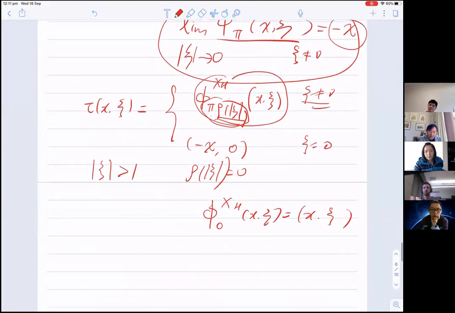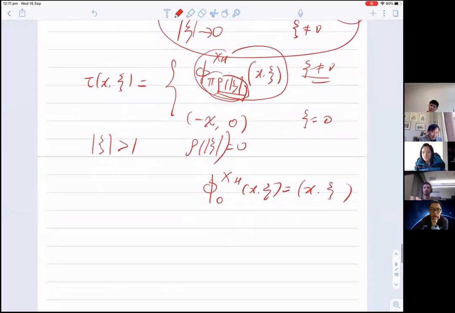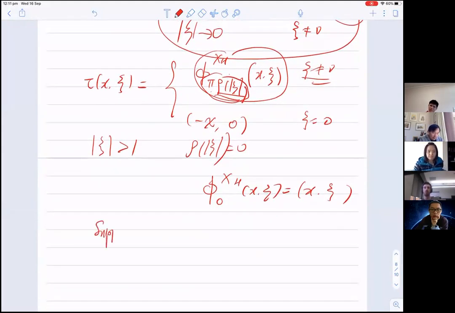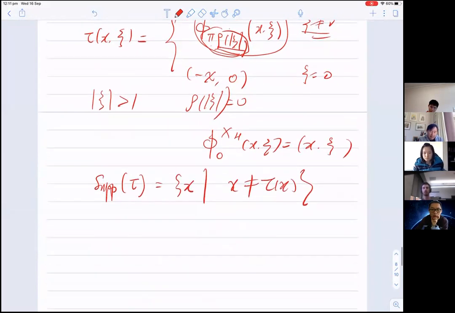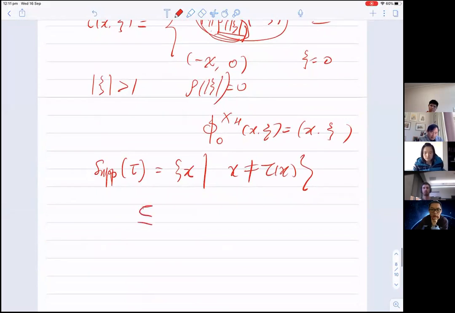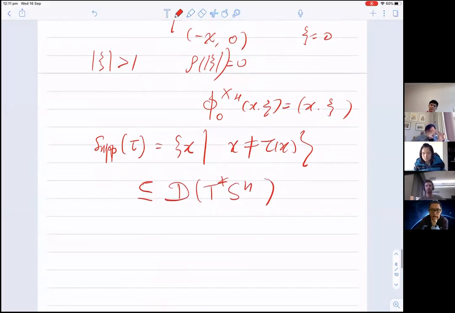And this Dehn twist is well defined. So you can think of the support of this Dehn twist. That is the point x, where x is not equal to tau x. And we know that this is only in the neighborhood, in the disk bundle of the cotangent. And away from the disk bundle is identity.